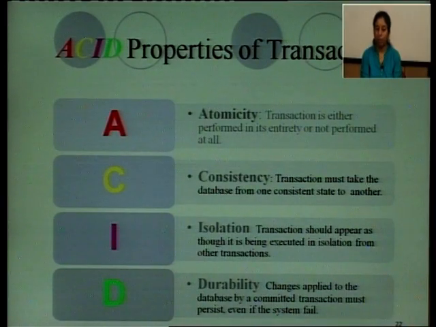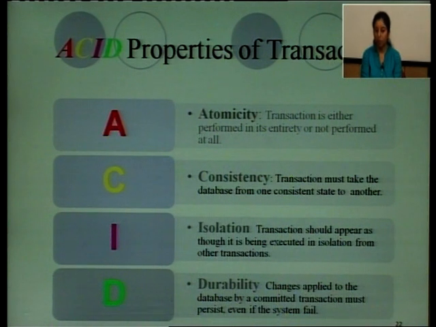Now, first is A, atomicity. A transaction is either performed in its entirety or not performed at all. This is known as atomicity. And the C, consistency: a transaction must take the database from one consistent state to another. And the I is known as isolation: a transaction should appear as though it is being executed in isolation from other transactions.